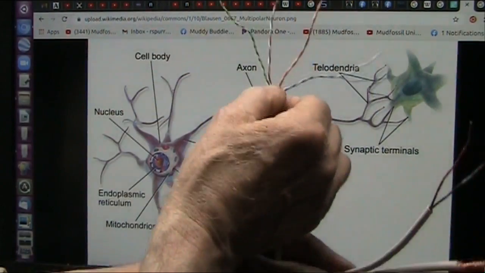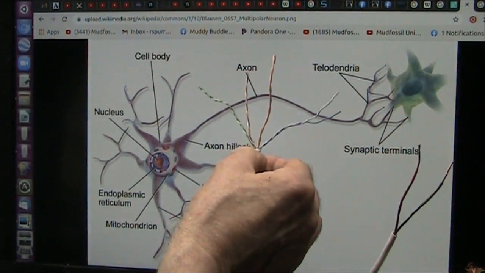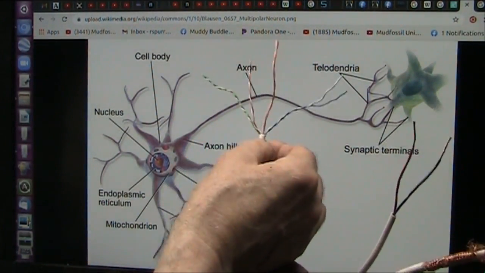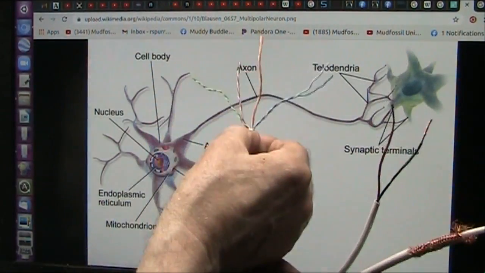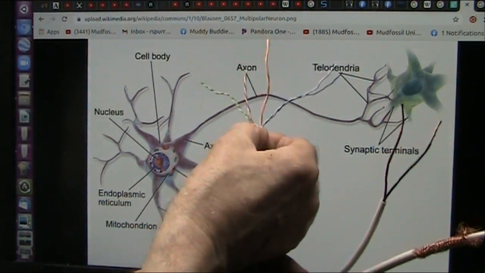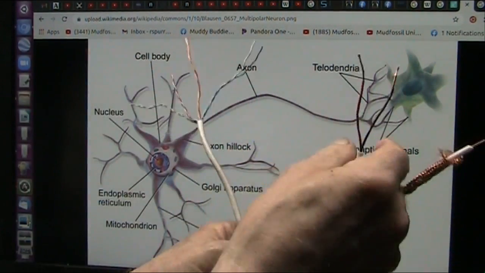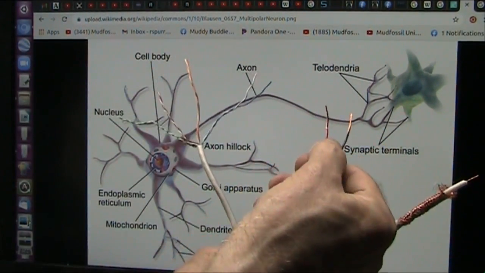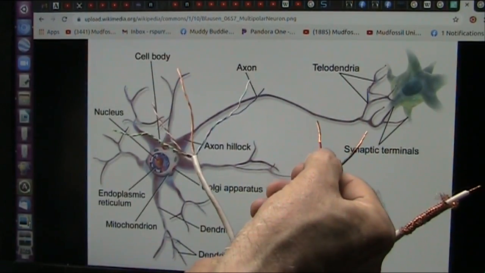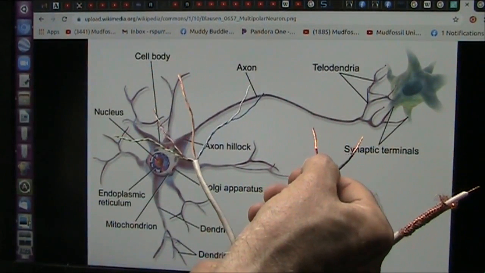This is data wire, data line. This has very little power, but it has a lot of information. This has 100% power, no information other than you got power or no power.